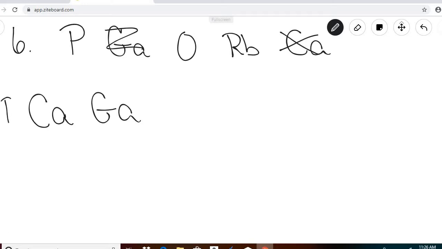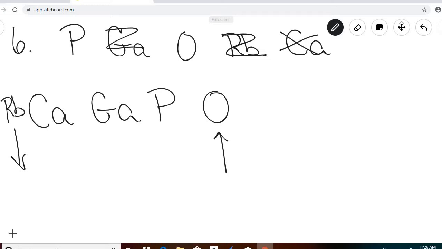So we put Rb over here, rubidium, calcium, and then we're just looking at phosphorus and oxygen. Phosphorus is lower and to the left, so it would be P and then O. So this would be lowest electronegativity, and oxygen would have the highest electronegativity. Again, for electronegativity, the closer they are to the right and to the top, the higher the electronegativity.